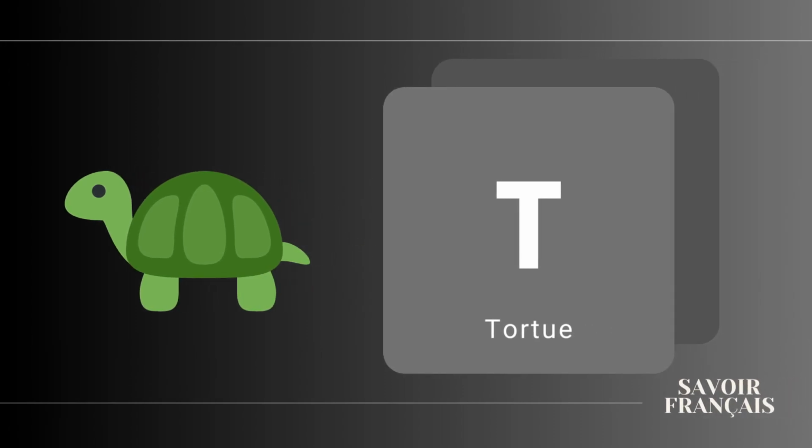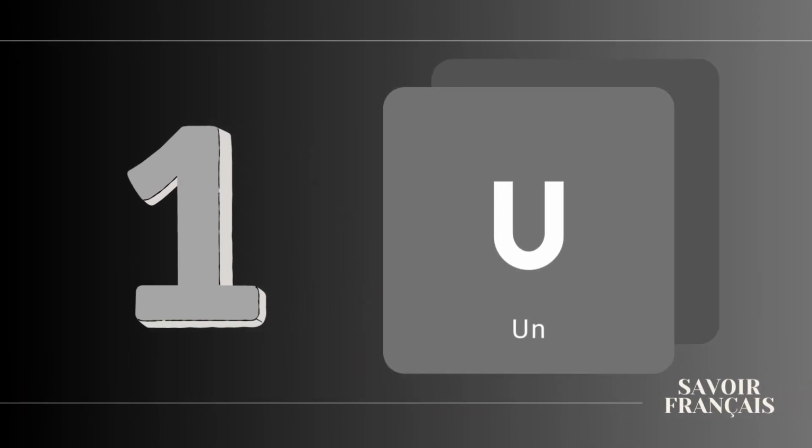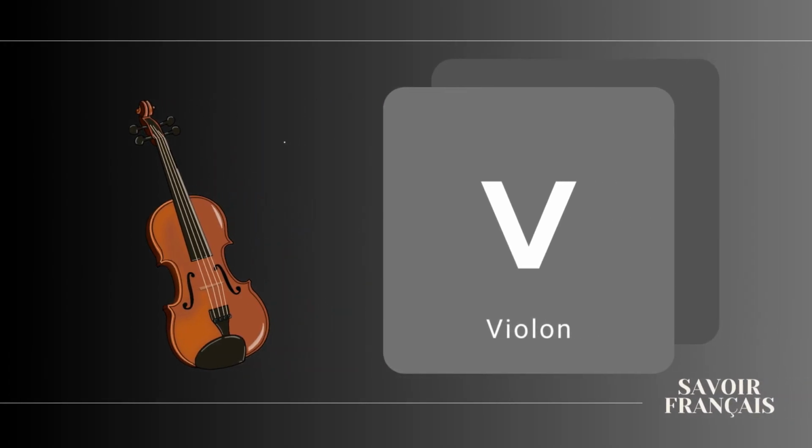T is for tortue, tortue. U is for un, un. V is for violon. Violon.